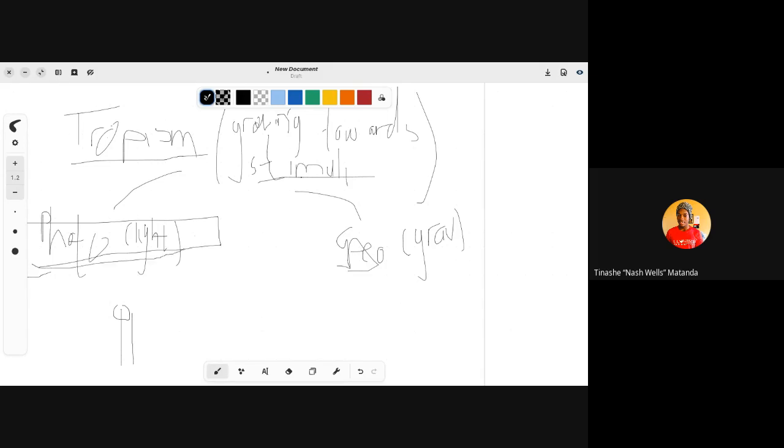Photo means light, and phototropism is where the plant grows towards the light. The hormone responsible for this was the auxin. The auxin was responsible for phototropism, which is the growth due to light.